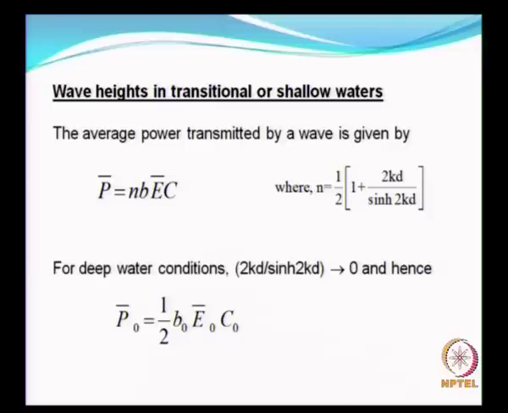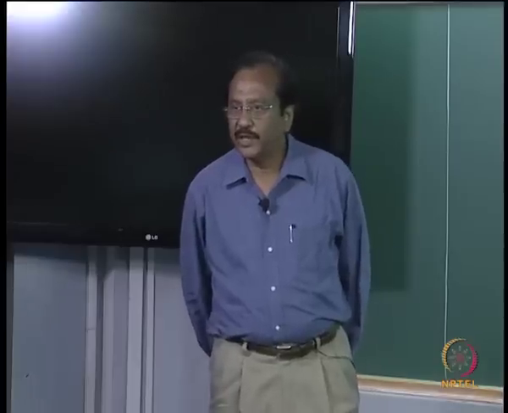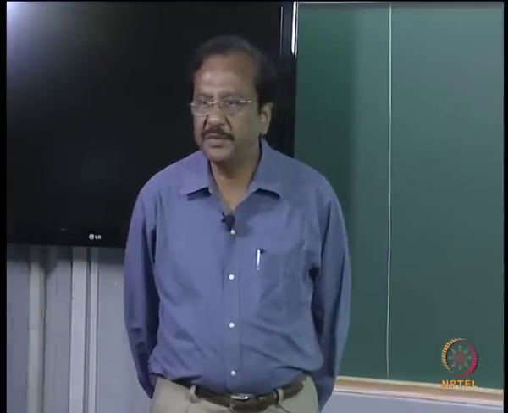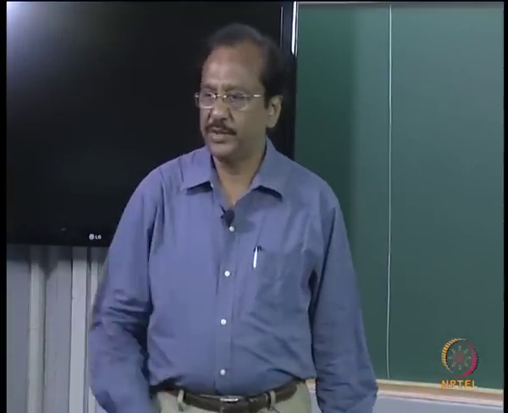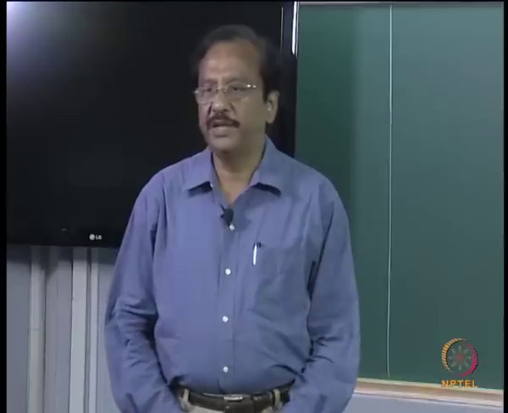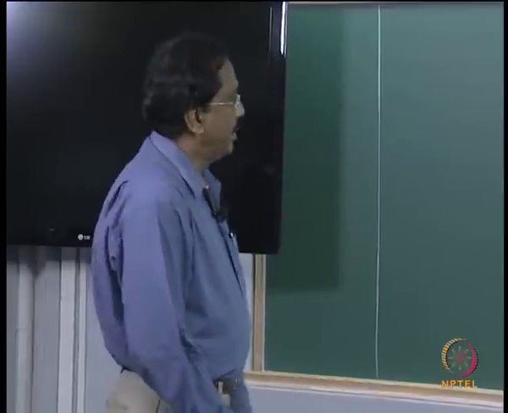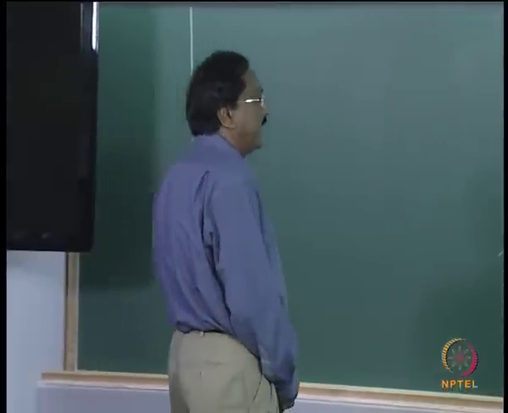How do we relate this? I hope you can recollect the shoaling coefficient. What did we do in the case of the shoaling coefficient? We equated the power in the deep waters to the power in the shallow waters on the assumption that the water depth contours are parallel. So, you do not have refraction taking place and only shoaling is occurring. Now, the same thing is being extended.